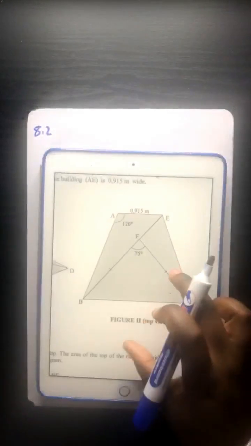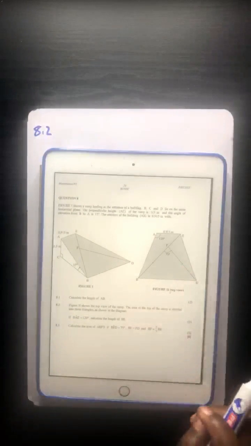The area of the top of the ramp is divided into three triangles as shown in the diagram. Okay, that makes sense as we can see there.